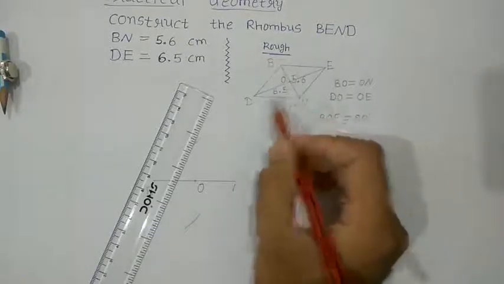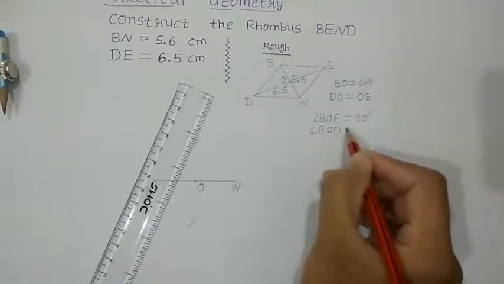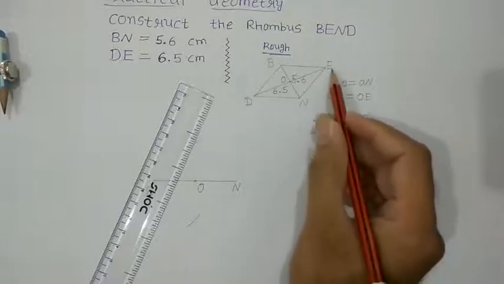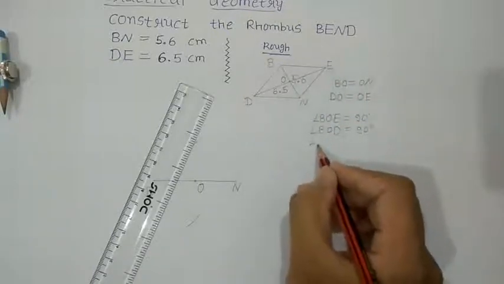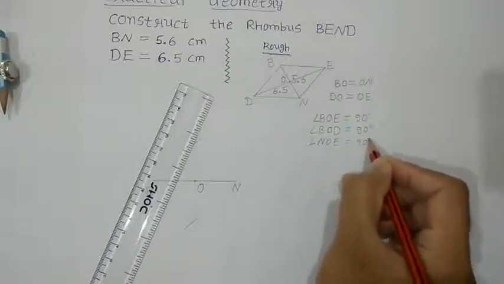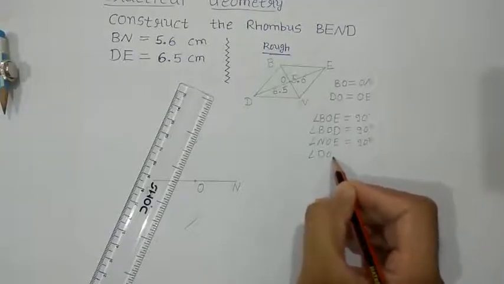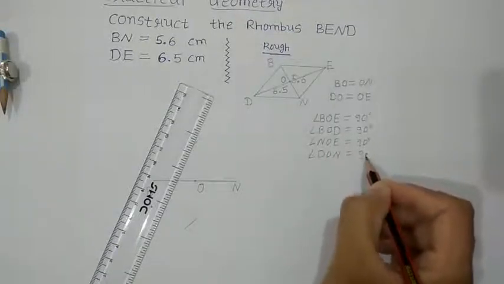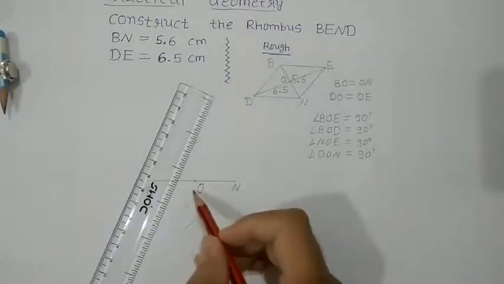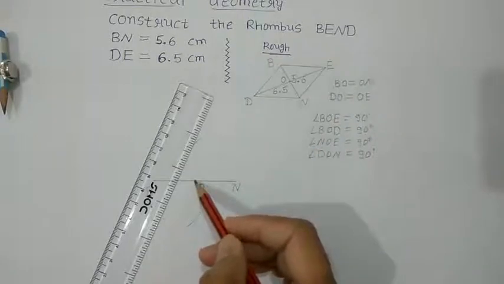In the same way, angle BOD is also of 90 degree. Angle NOE is also of 90 degree, and angle DON is also of 90 degree, right? So we know that we have to pass this diagonal from this point that we have got.